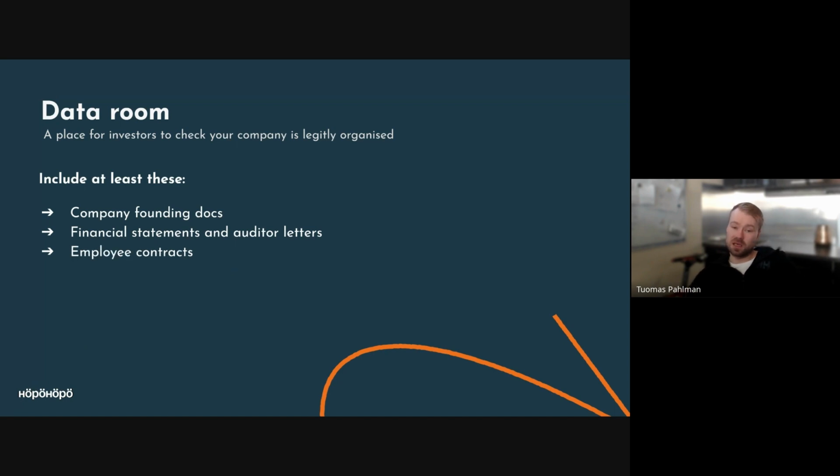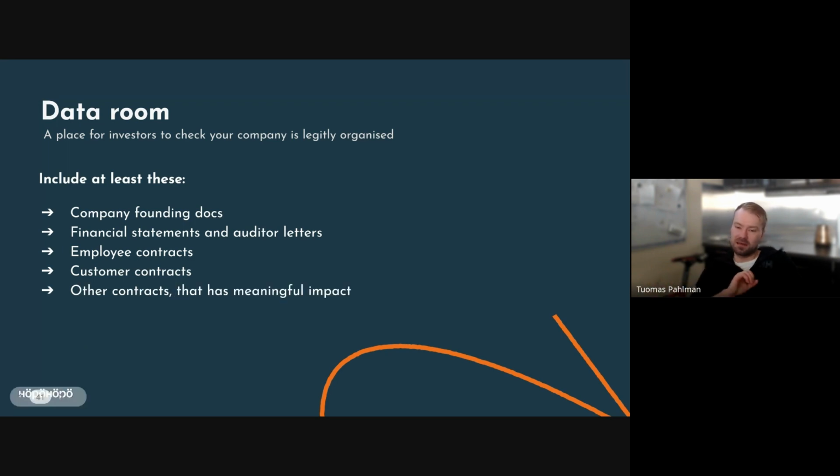Put also employee contracts, customer contracts, and any other contracts that are material, meaning that they have a meaningful impact. No need to put in cell phone contracts, internet, or if you buy HubSpot or Miro, these small things that don't carry any big risk. But meaningful contracts, something the investors should know about.